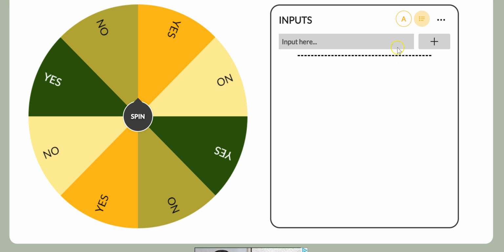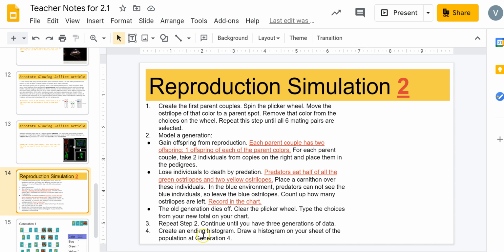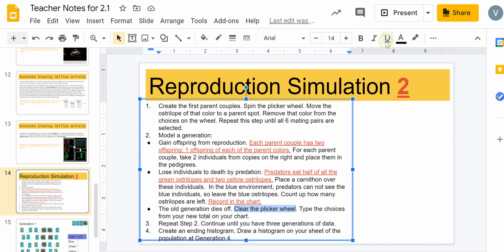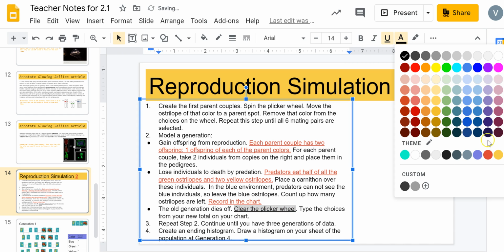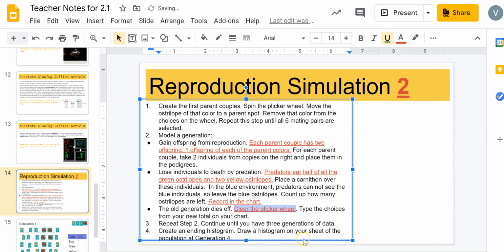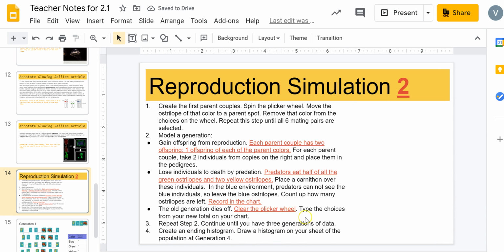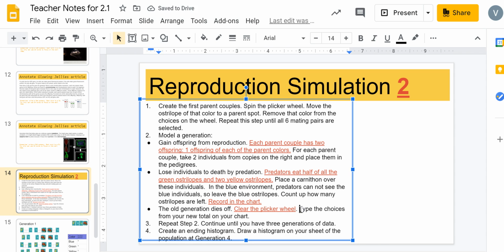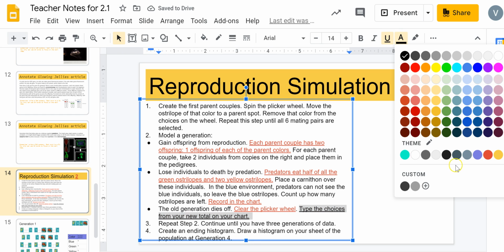They're gone. We've cleared off that wheel. Okay. Now we've got to type in the choices that we had on our chart. Okay. And then we're going to repeat what we just did.